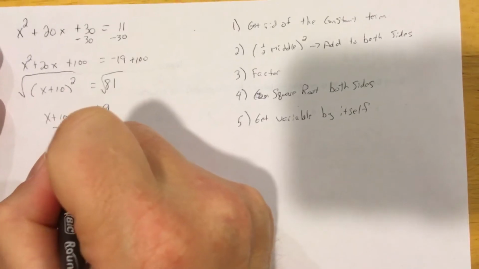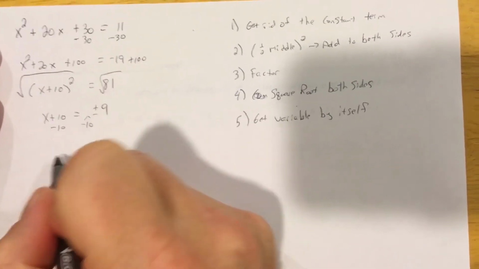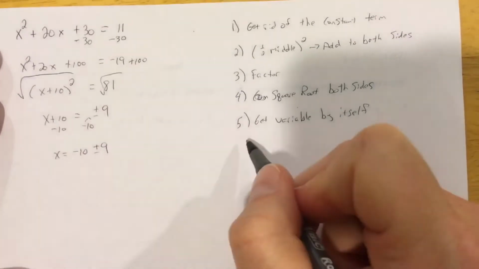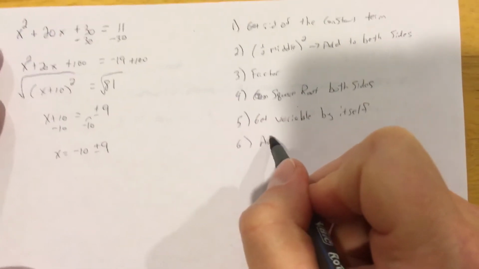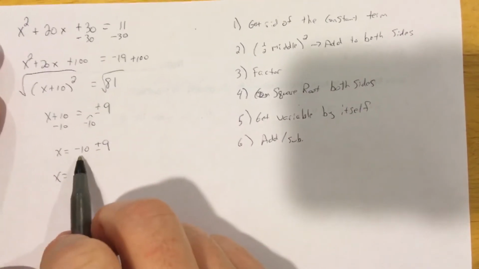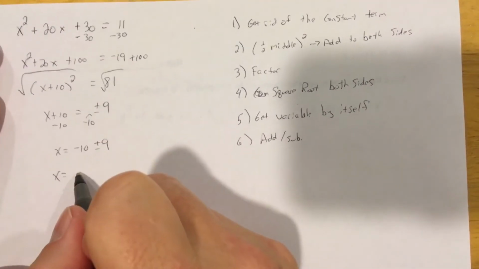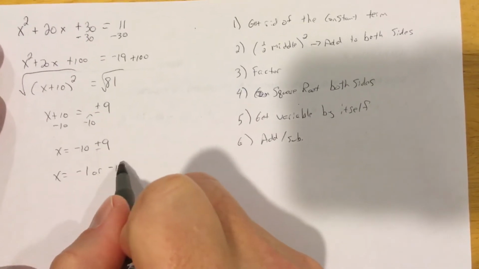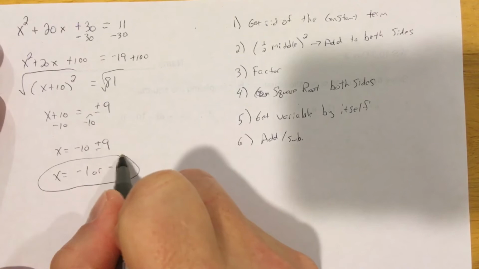So we're going to subtract 10. I'm going to put that right in front, so I get negative 10 plus or minus 9. And then the last thing we're going to do is add and subtract. So x equals negative 10 plus 9, which is negative 1, and negative 10 minus 9, which is negative 19. And there's our answer.